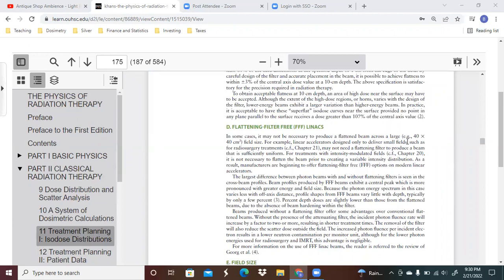For example, linear accelerators designed only to deliver small fields, such as for radiosurgery treatments, may not need a flattening filter in order to produce a beam that is sufficiently uniform. In other words, you're not making huge fields out of this, you're concentrating on the small field. Well, if the small field can be produced and is homogeneous without using a flattening filter, then why do it?